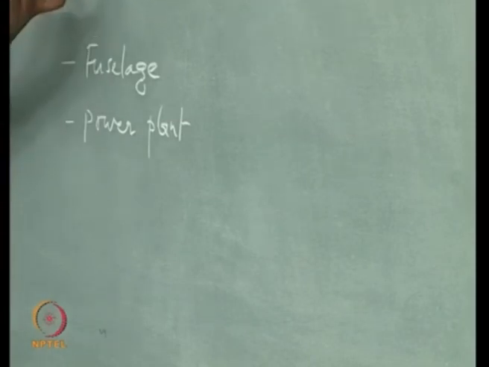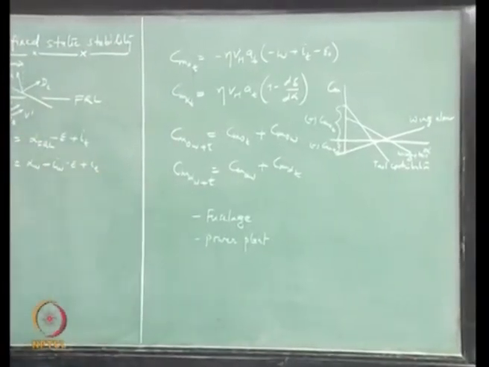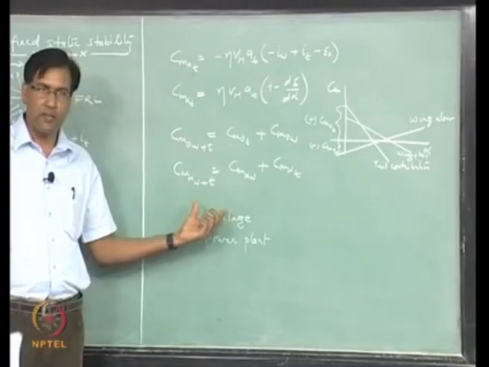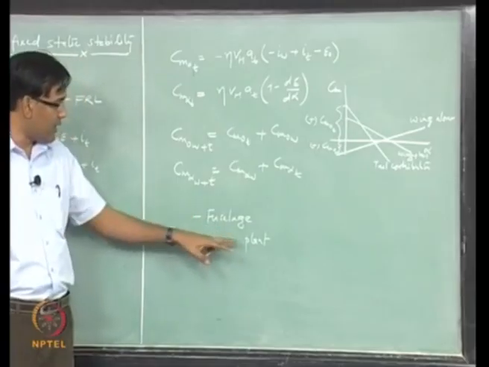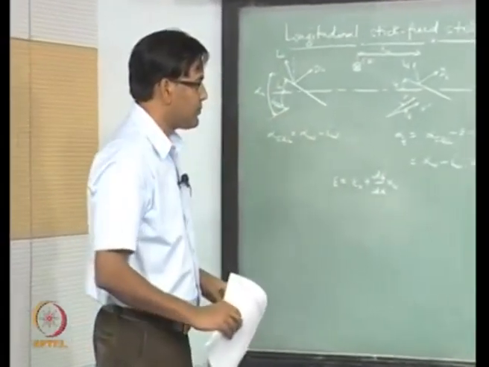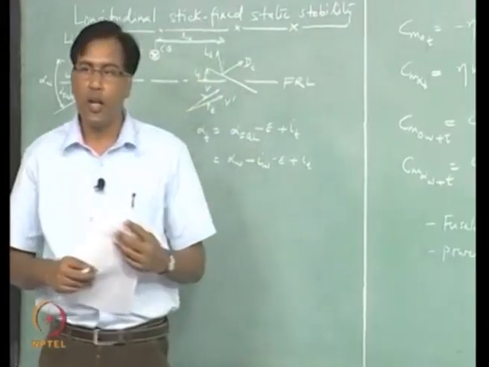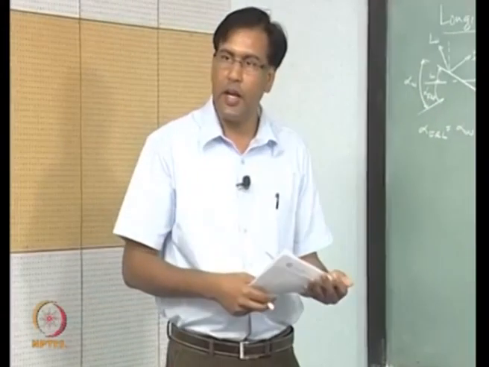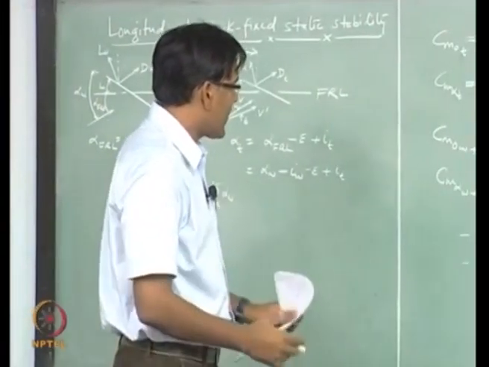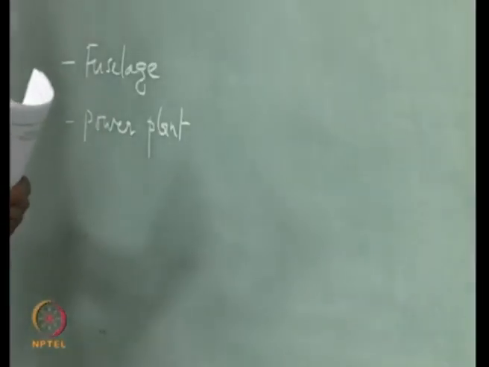Fuselage contribution to Cm alpha is usually destabilizing. I will cover that aspect in the next lecture, and power effects are actually very prominent. Okay, that also we will discuss with respect to what kind of power plant you have, right. You can have jet engines, you can have turboprops, right. So, we will look at all that in the next lectures.